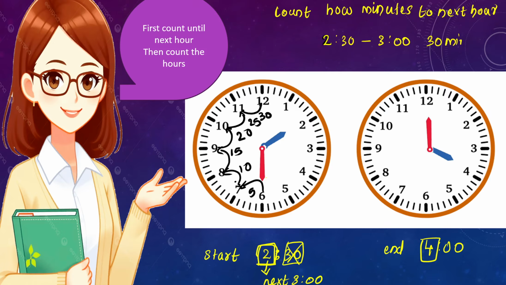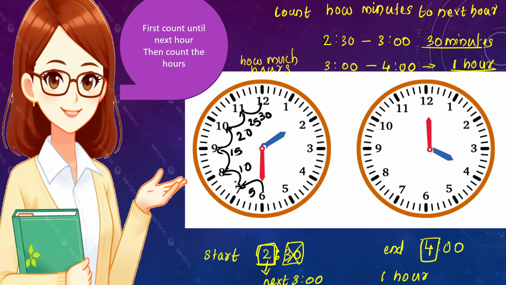Now you want to figure out from 3 o'clock to 4 o'clock how many hours there are. Between 3 and 4 there is only 1 hour. So the total time elapsed from 2:30 to 4 o'clock is 1 hour and 30 minutes.